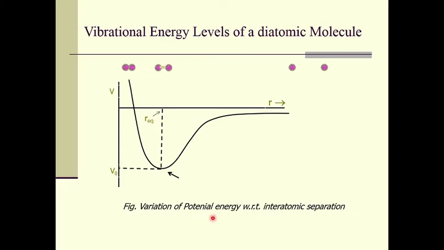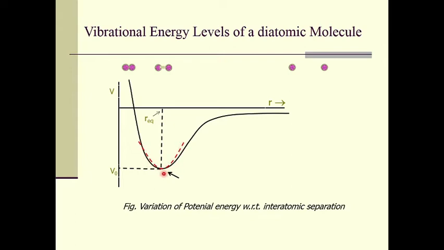So we have the minimum corresponding to the equilibrium distance r equilibrium, and near the minimum of the curve, which corresponds to the stable configuration of the molecule, the shape of the curve is very nearly a parabola. We can draw a parabola, shown by a dotted line.